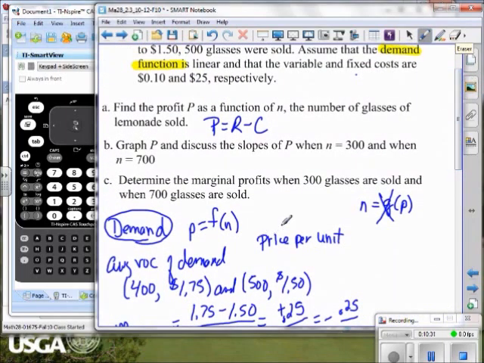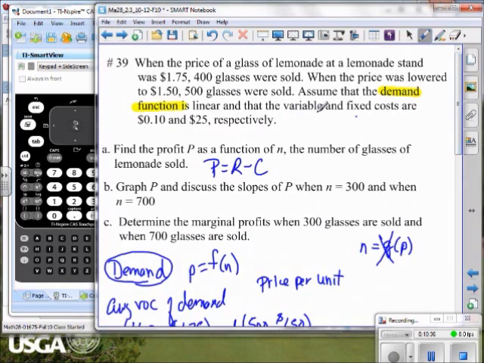It says right up here that the variable and fixed costs are 10 cents and $25. Now when it says variable cost and it says 10 cents, if it varies, and 10 cents doesn't vary very much, I mean 10 cents is a dime. So what's the variability in that 10 cents? Based on how much you sell, yeah.